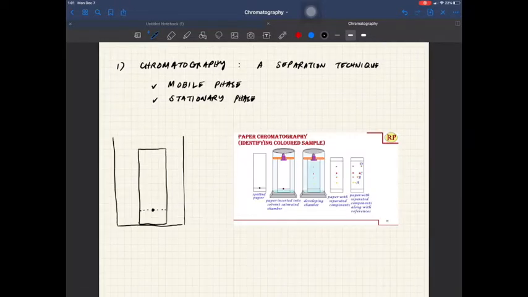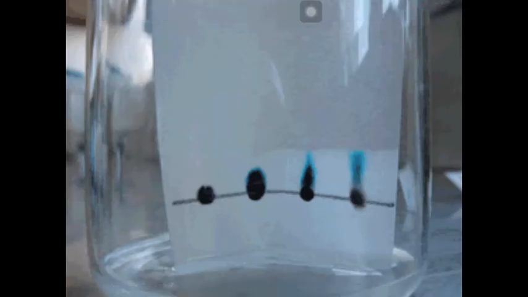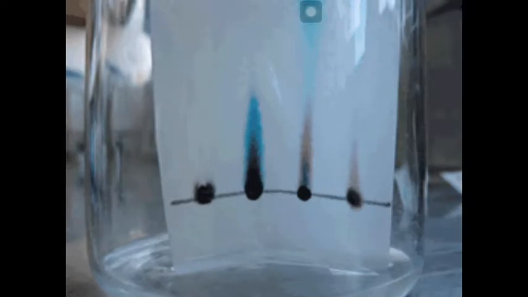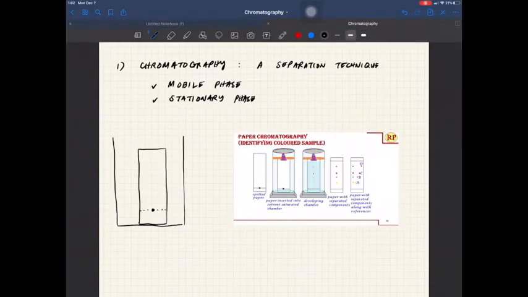First and foremost, chromatography is a modern separation technique that is based on the interaction of the analyte to the mobile phase and stationary phase. Consider the following GIF image shown. What is done in this image is that the sample is spotted around here and a solvent solution is placed right here.